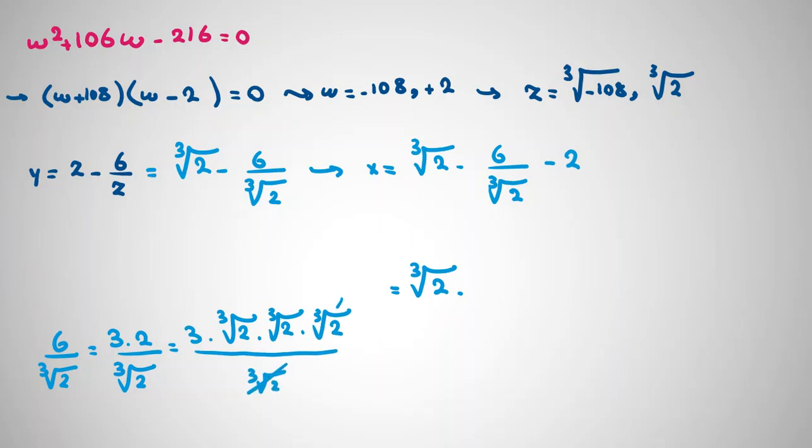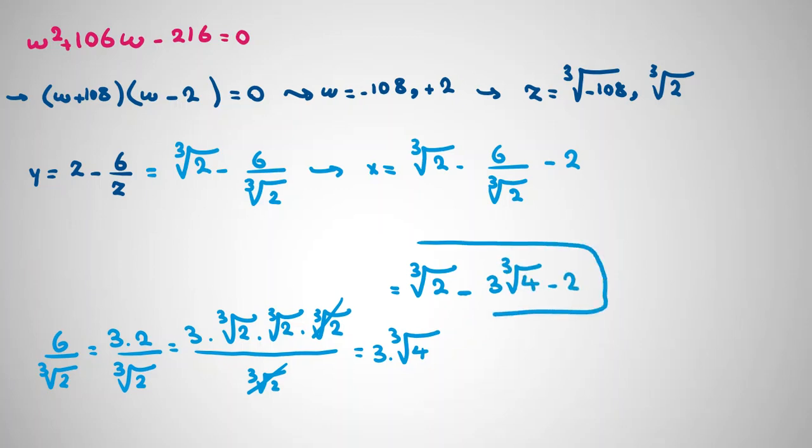We cancel them, and it will be 3 times 2 times 2, which is 4, so the cube root of 4. So it will be the cube root of 2 minus 3 times the cube root of 4, minus 2. It is our second answer.